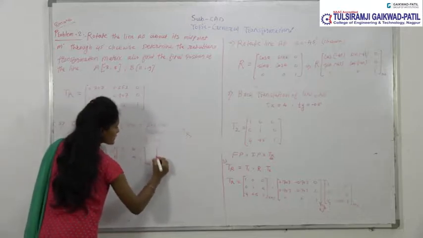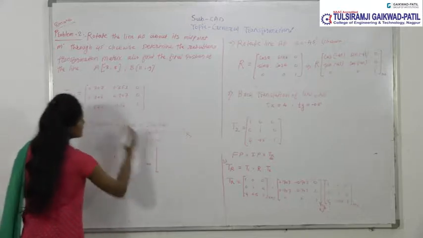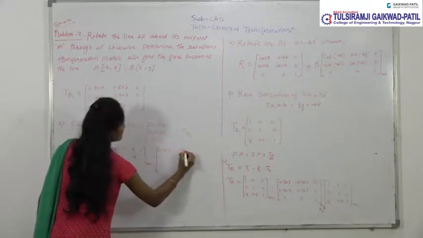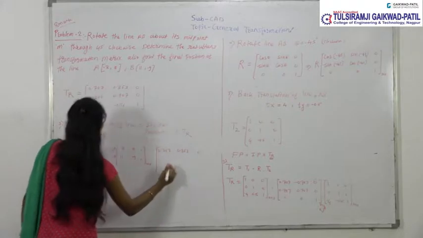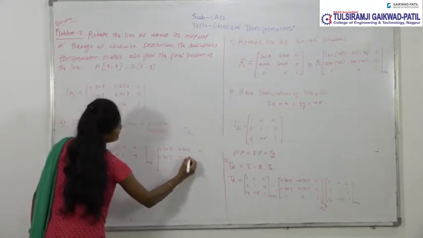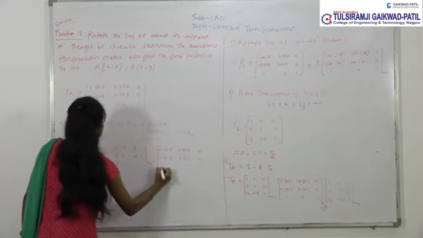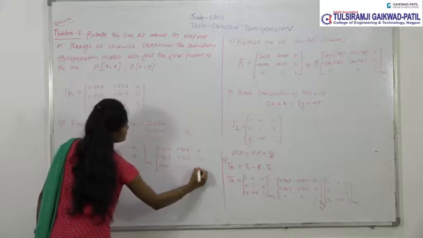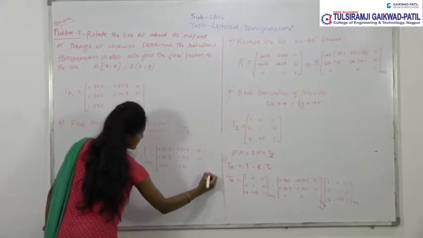Now the total resultant matrix is, the answer comes, 0.707, 0.353, 0, then 0.707, 0.707, 0, then 1.525 and minus 1.561. So this is the 3 by 3 matrix.